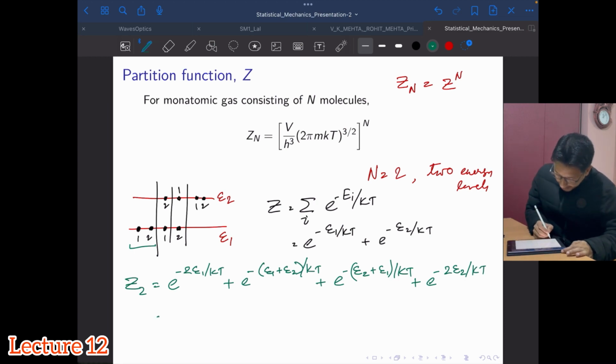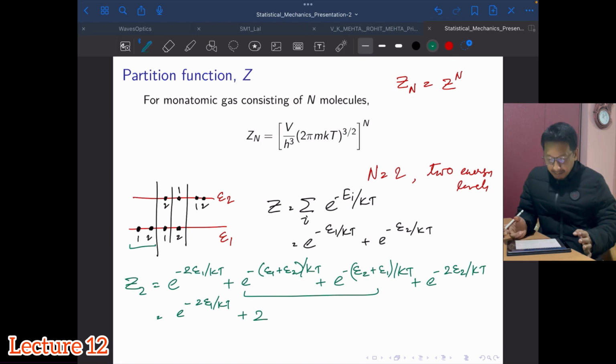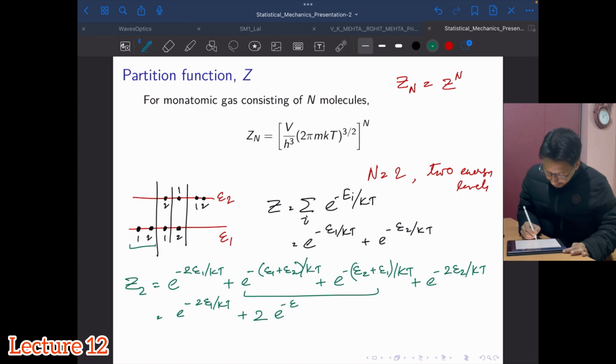So we can write E1 by kT, plus these two terms are the same; you can simply sum them up because the exponents are the same. E1 plus E2 and E2 plus E1 are the same, so twice E1 plus E2 by kT, plus E2 by kT.